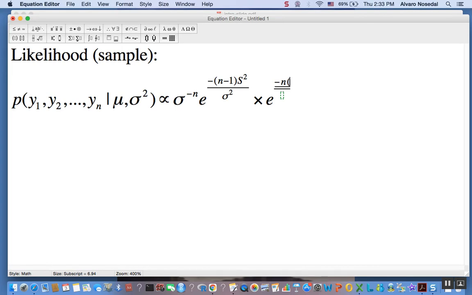So we have e to the negative n times mu minus y bar squared divided by 2 times sigma squared, and here we also have 2 times sigma squared. Remember, we derived that expression in detail.